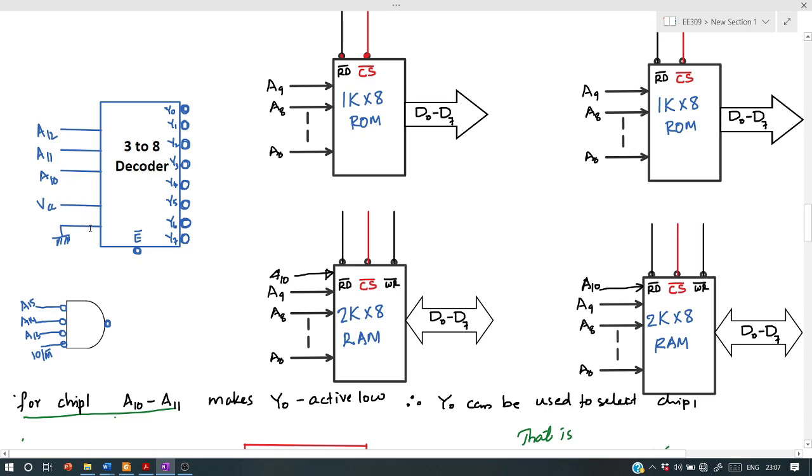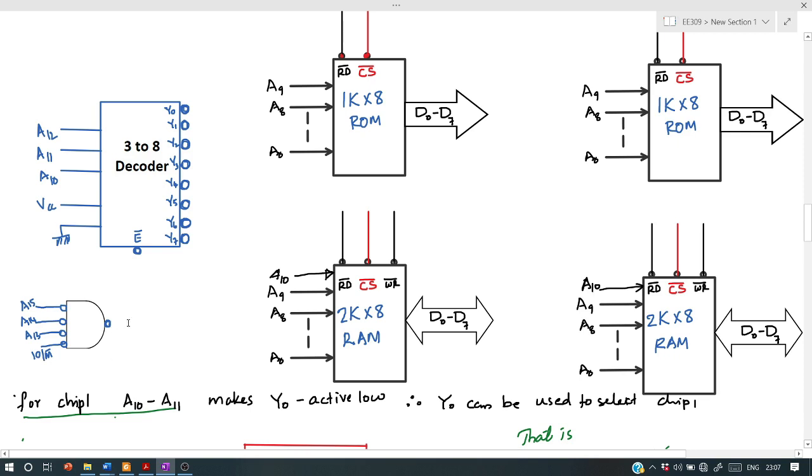Then VCC and ground. Then in order to select this decoder circuit, an active low enable signal is required. That is generated by means of the remaining address lines and IO/M bar signal. As we need an active low signal, these signals are already 0, including IO/M bar.